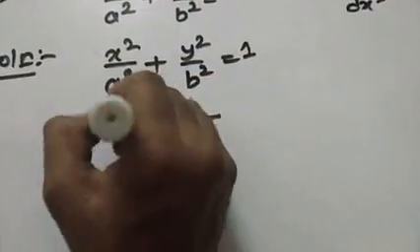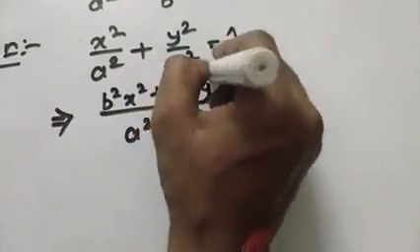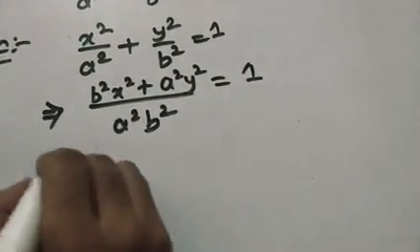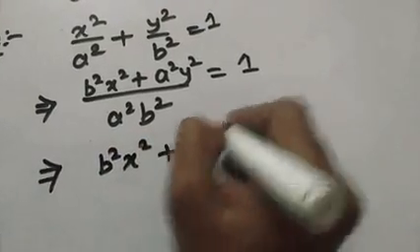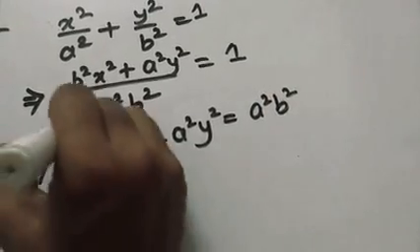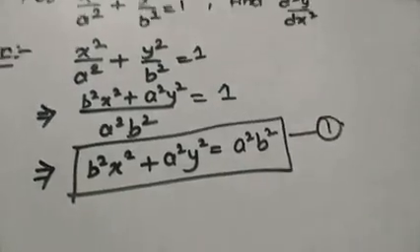Now just do the cross multiplication, b square x square, and here a square y square equals to 1. Now do the cross multiplication, b square x square plus a square y square equals to a square b square. Remember this expression, okay? We will use this expression later on.